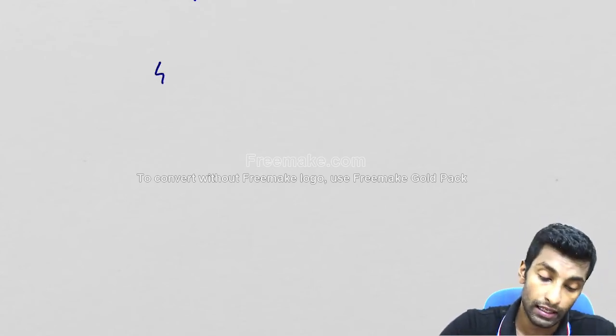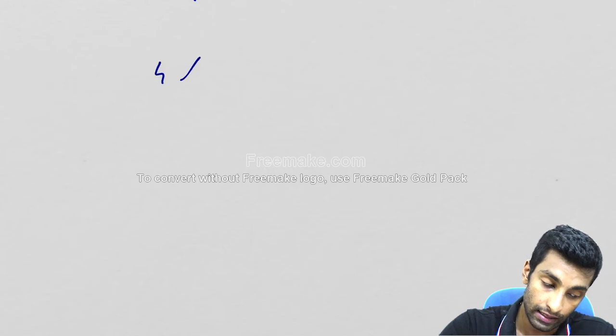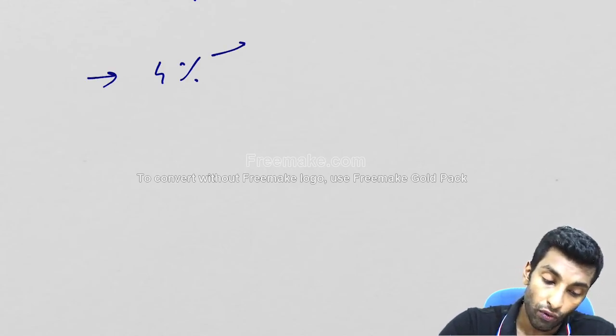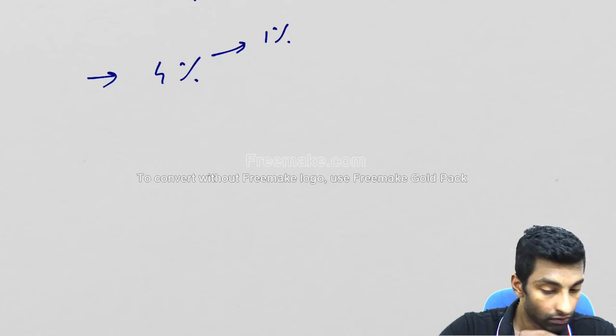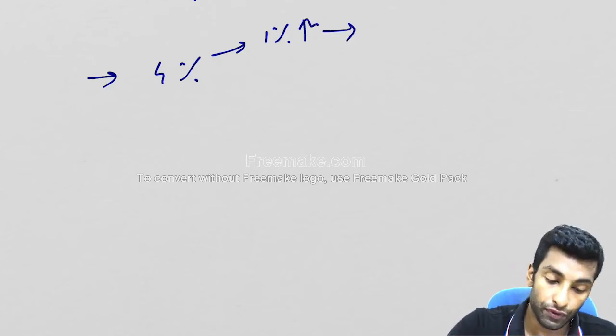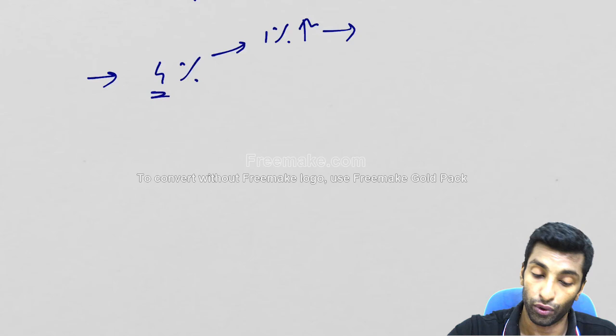But before that, what is the difference between percentage and percentage point, or the basis point that you're talking about? See, let's suppose we talked about 4% as the CRR. When I'm talking about 1%, 1% means 1% of this 4. What is that? 0.04.